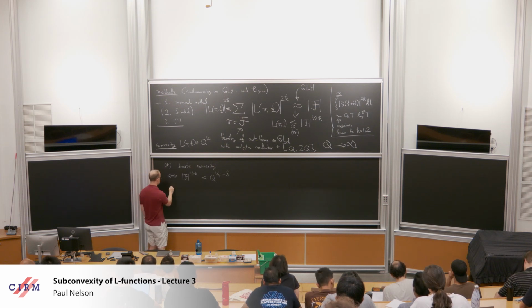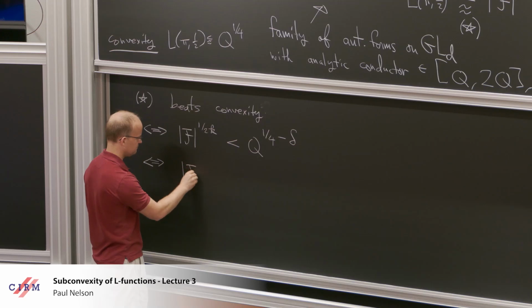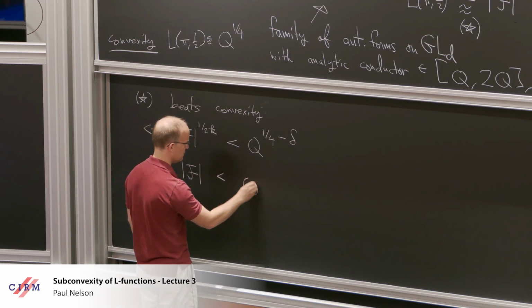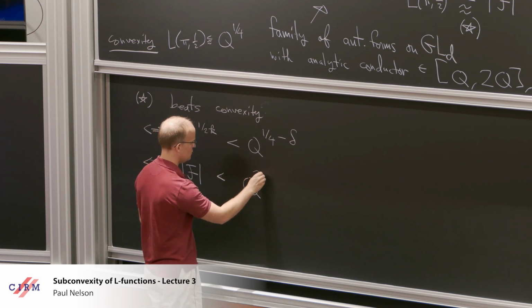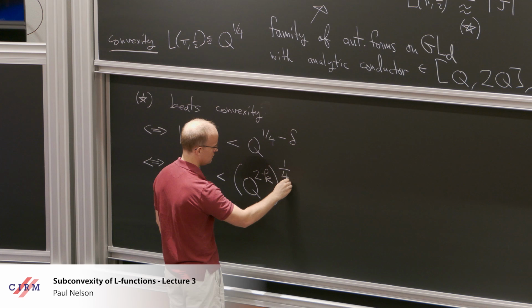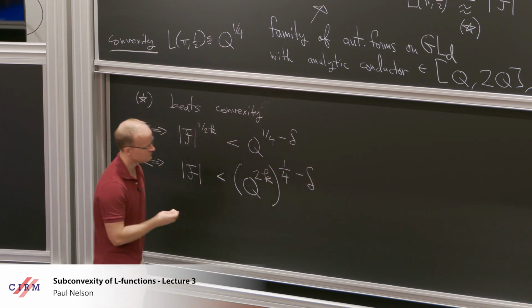And then another way you can write this, that might be convenient sometimes, is you can think of this as saying the family size is at most q to the 2k all raised to the quarter minus delta.